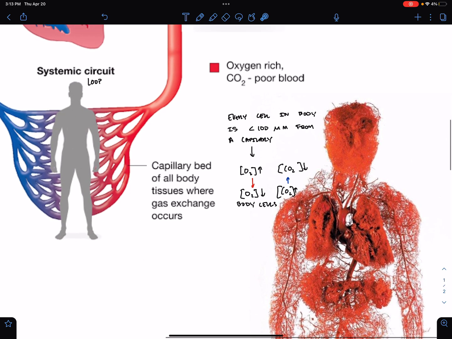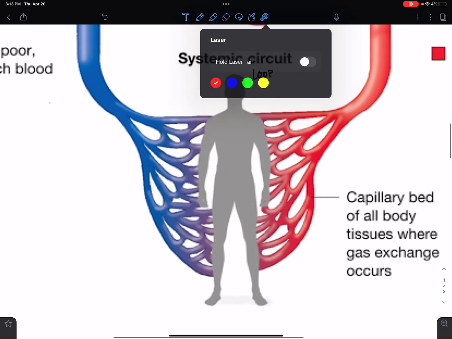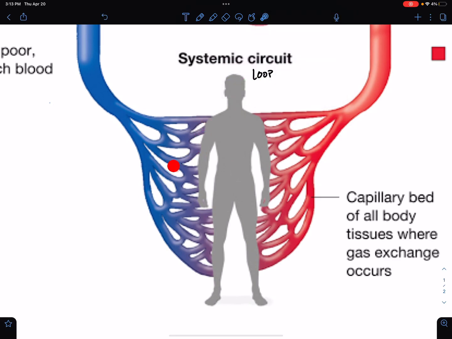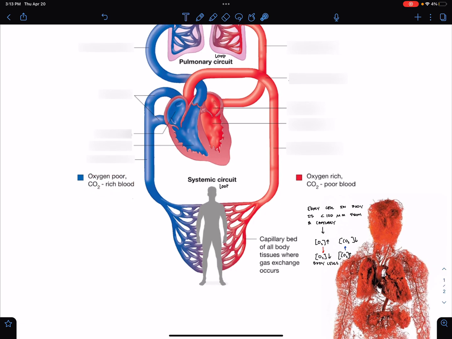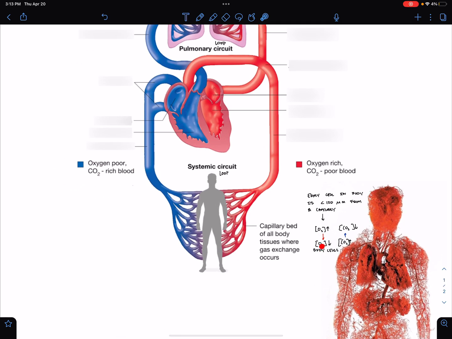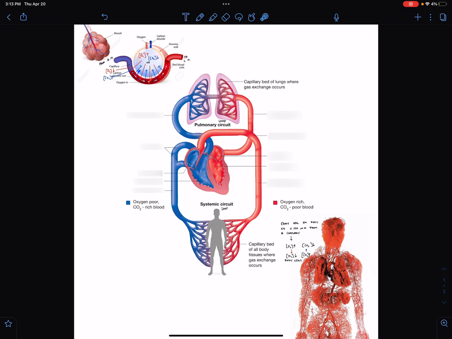When your capillaries rejoin with venules, which are tiny veins, and then back to veins, and then ultimately the inferior and superior vena cava, they empty back into the heart. Now we have oxygen poor blood and CO2 rich blood, because we've dropped off all the oxygen at our body cells and we've picked up a bunch of CO2 that was produced in cellular respiration.